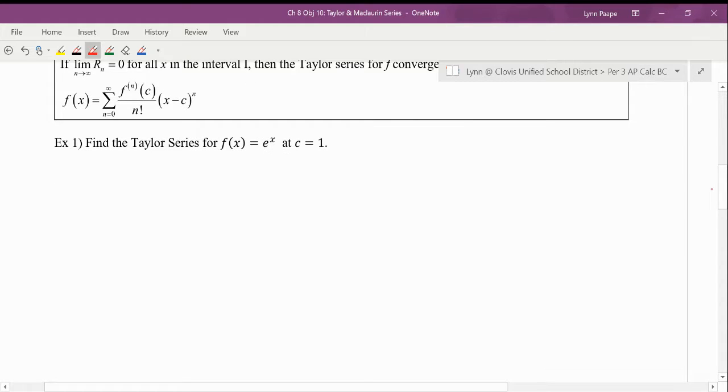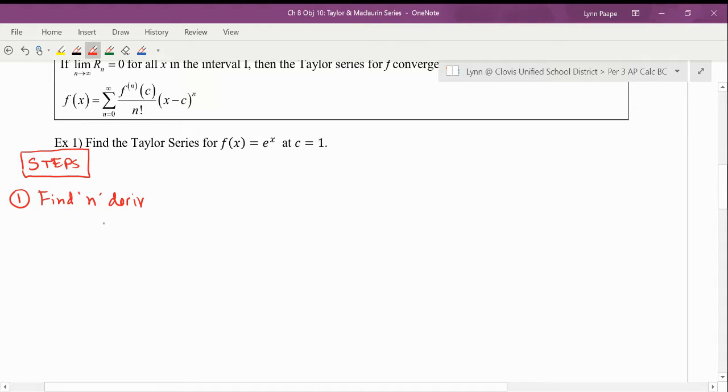All right, so how do we find a Taylor series? Well, the nice thing is it's exactly the same as what we did with a polynomial. We just have this nth term to contend with. As far as our steps go, they are not going to be different than what we did with a polynomial. So you will see that piece is exactly the same. Here we're going to find n derivatives.